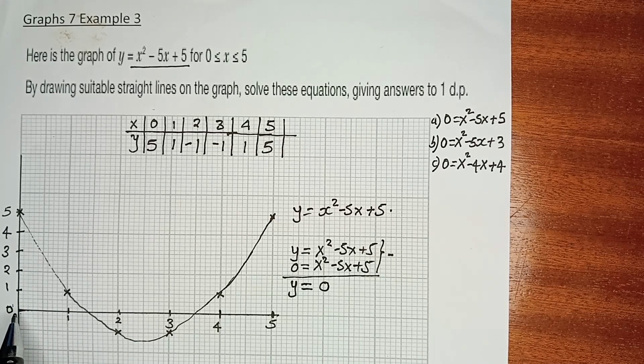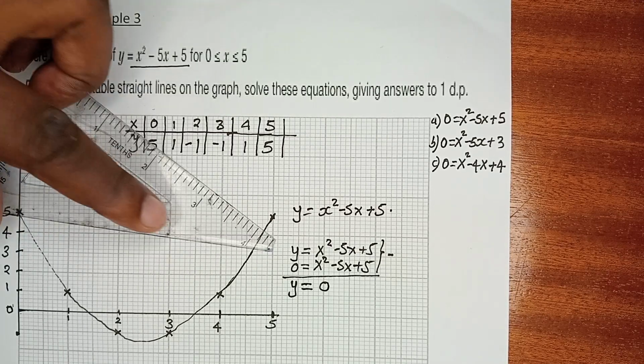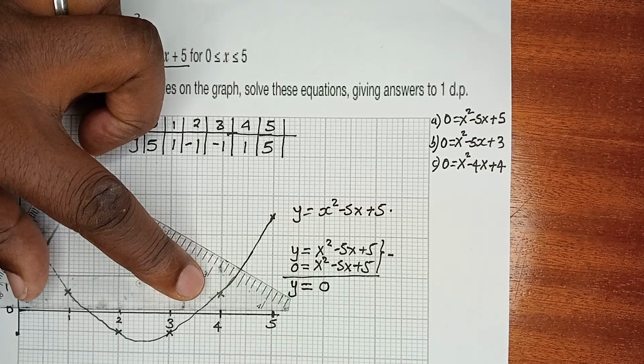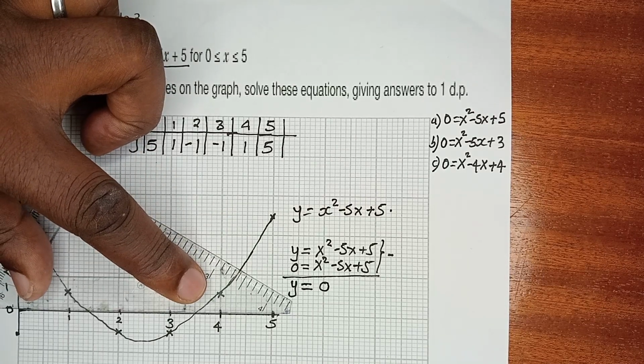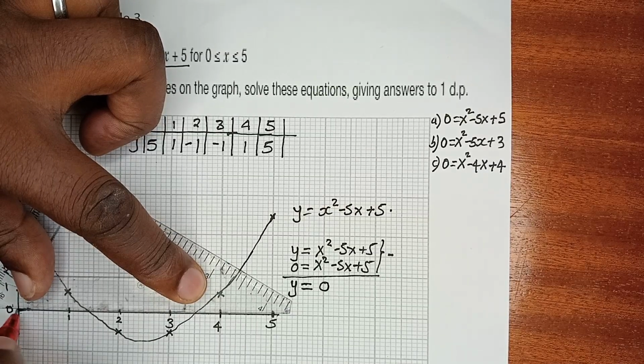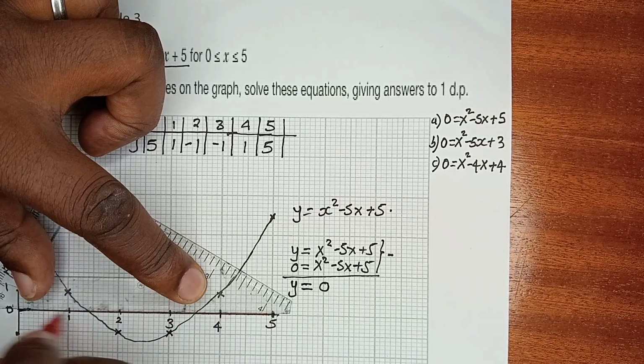But y equals 0 is this line. Even if you were to construct a graph, that line, probably use a different color for the purposes of solving the question. We would still draw our line on top of the x-axis, and that is our new graph.